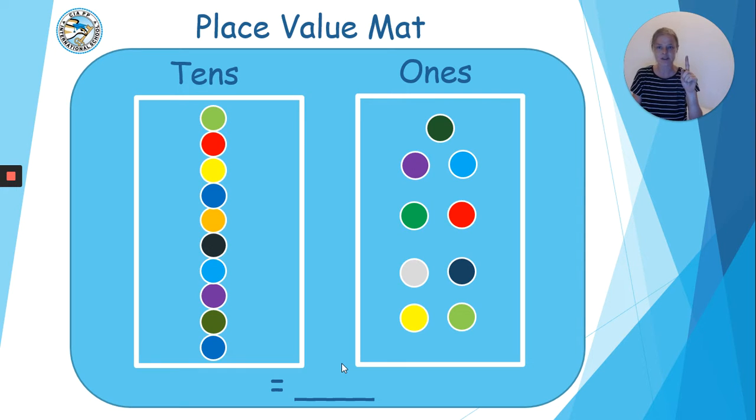First, we need to use the rules. We write down how many tens we can see, and we know we can only see one set of tens. How many ones can we see? We know we have 9. So what's our new number? Well done, 19. Very good, everybody.